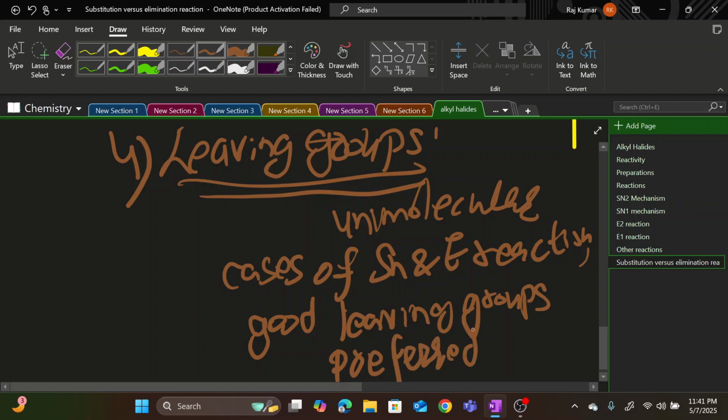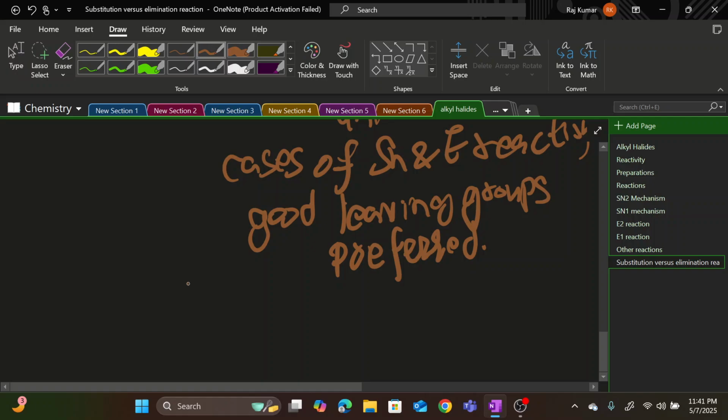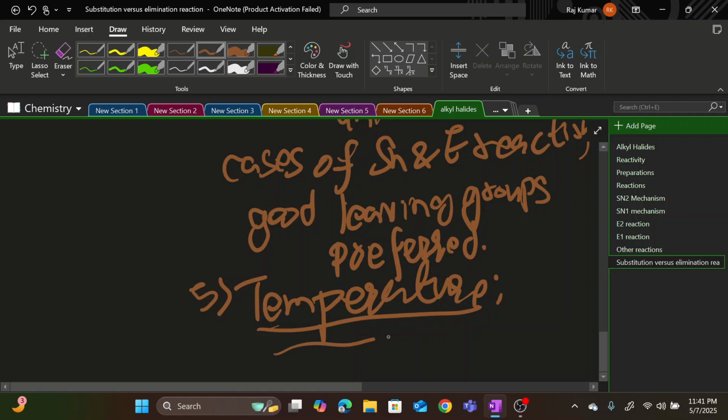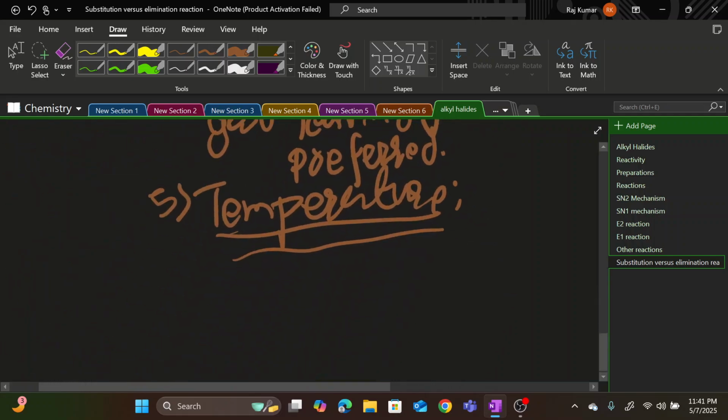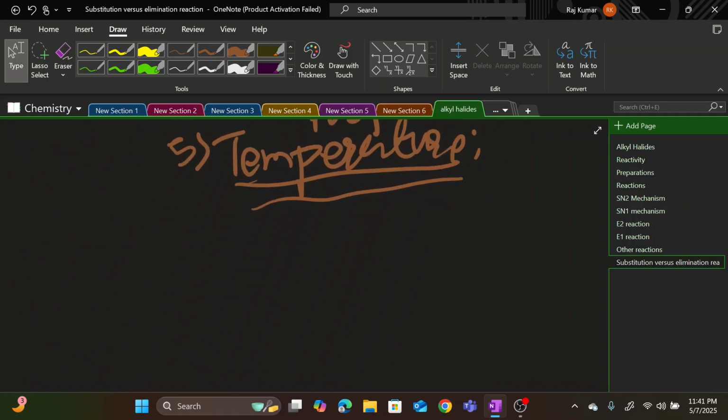Another important thing which needs to be considered is the temperature. Temperature plays an important role as well. High temperature is going to favor the elimination reaction, because it is easier for the beta hydrogen to be separated from the beta carbon and combine with the nucleophile.